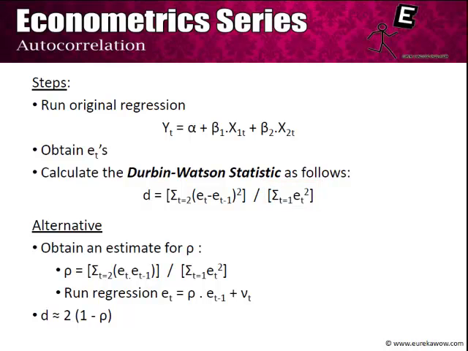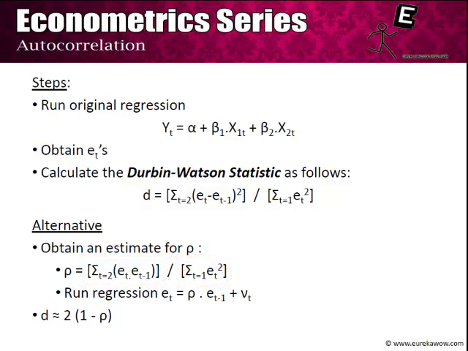An alternative way to find out the D statistic is to first obtain an estimate for rho, that is the linear dependence of sigma t on sigma t minus 1. One way of finding rho is to multiply et by et minus 1 for t equal to 2 to t equal to n and summing this up and then dividing it by et squares summed up from t equal to 1 to t equal to n.